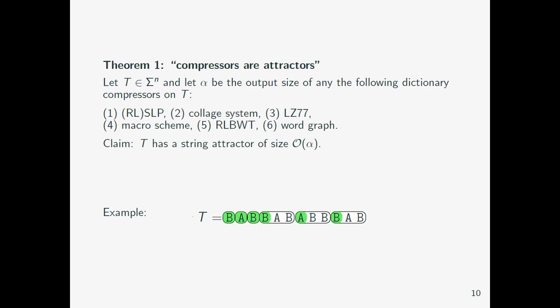For example, for Lempel-Ziv it's quite easy: you build your factorization, and then you pick the first position of every phrase, and you can prove that this is a string attractor. This is easy, and for other compressors it's a bit harder and surprising. For example, for the Burrows-Wheeler transform, it's not that easy to prove, but it's quite surprising that this is possible.